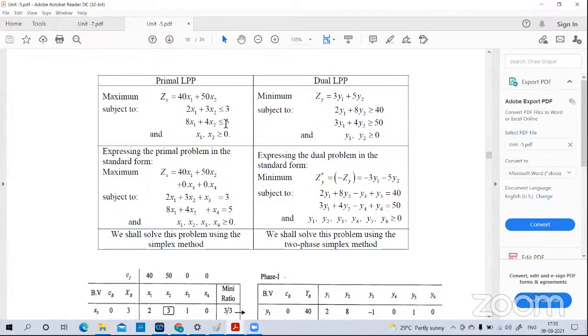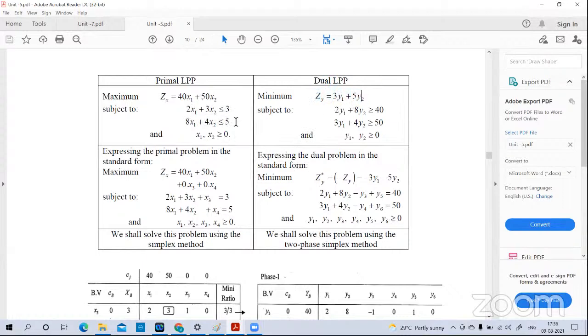The column coefficient of the B matrix goes to the objective function, and the maximization can be converted to the minimization. It is ZX here, but ZY goes here with 3 and 5. The constant coefficients on the right side, the constant matrix, will go to the objective function coefficients.